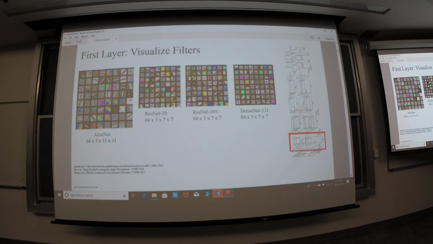The same notion follows for other architectures, be that ResNet 18, ResNet 101, or ResNet 121. You can see that the filters in the first layer are essentially trying to figure out some basic gradients or edges present in the images. This is quite evident in almost every network that you see.